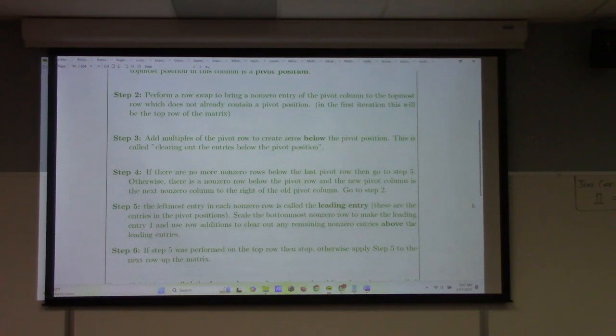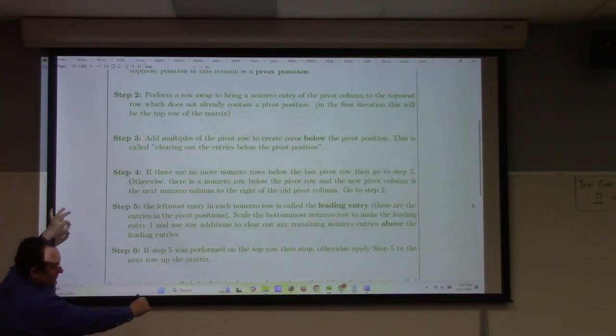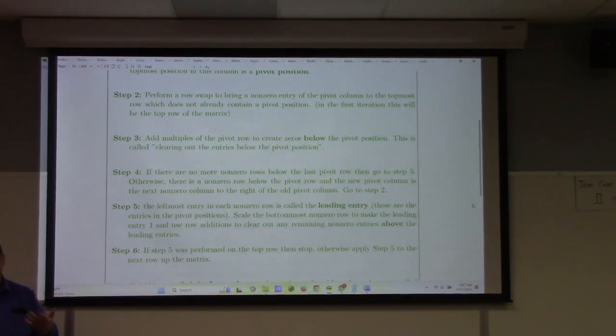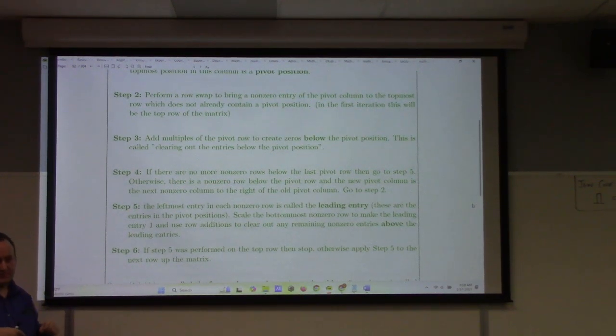All right. So what you have at step 5 is you've got a matrix where the leading entries are non-zero, but they don't have to be 1. Then step 5 says you find the lowest one and you rescale it so that the leading entry is 1, and then you use that 1 to remove the non-zero things above the pivot position.